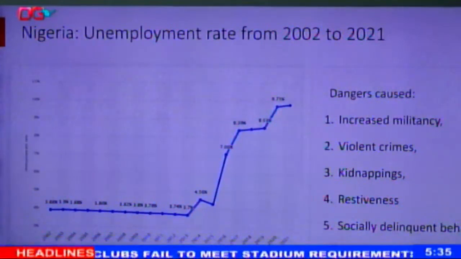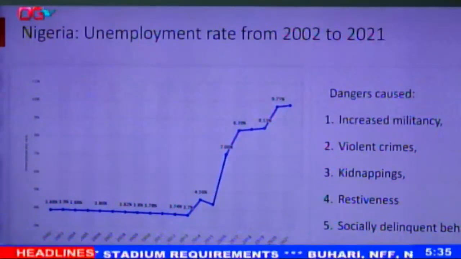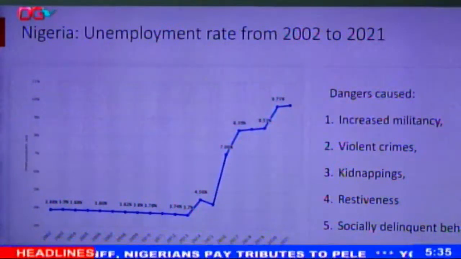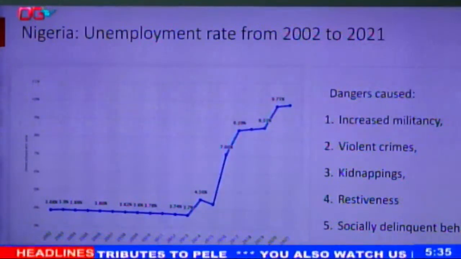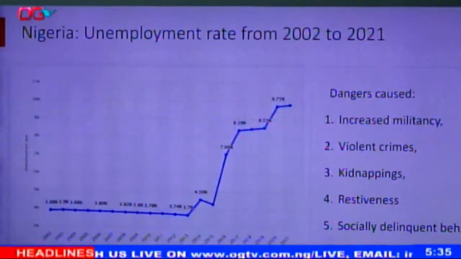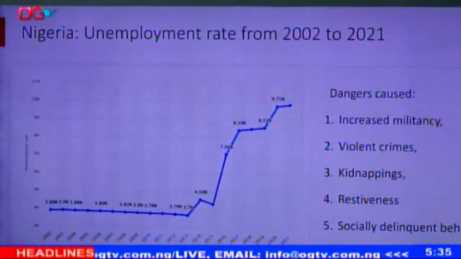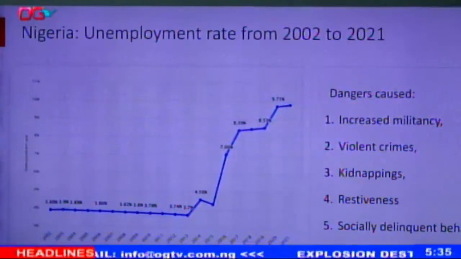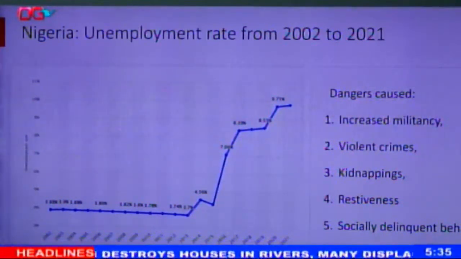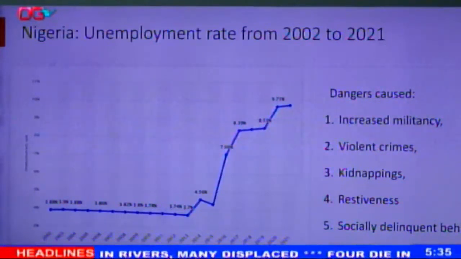The attendant effect of this is very obvious in our society: increase in militancy, violent crime, kidnapping, restiveness on the part of the youth, and a lot of socially delinquent behavior. It shows us that as unemployment increases, some of these social vices also increase.